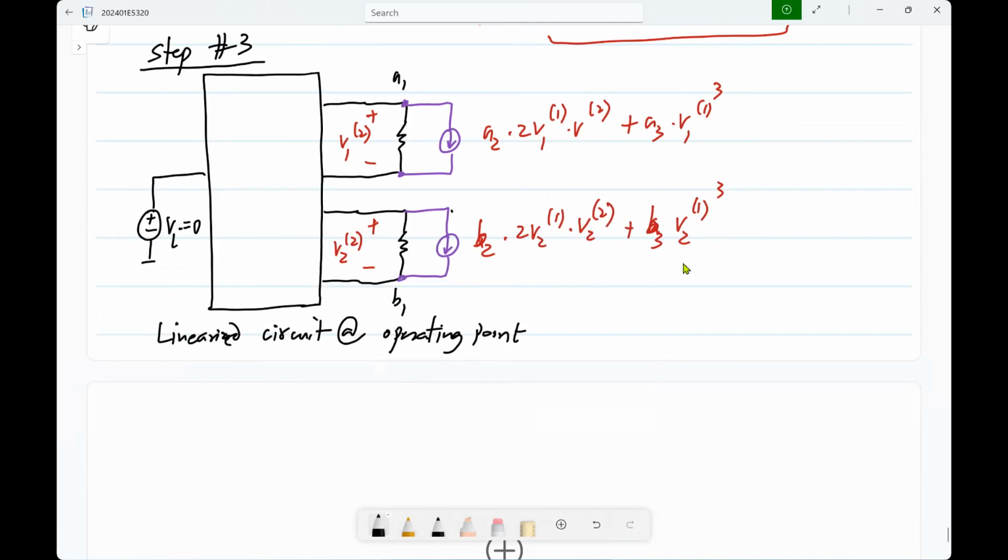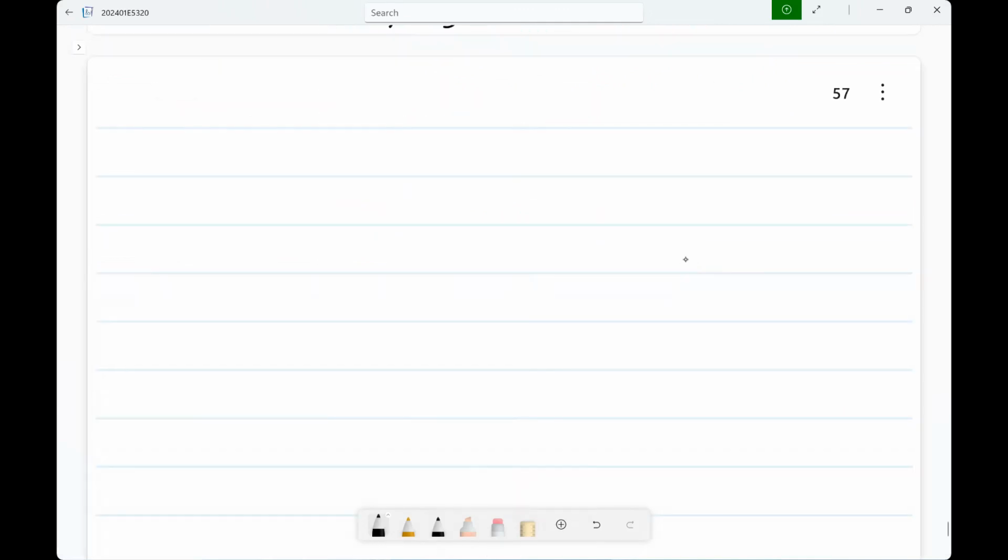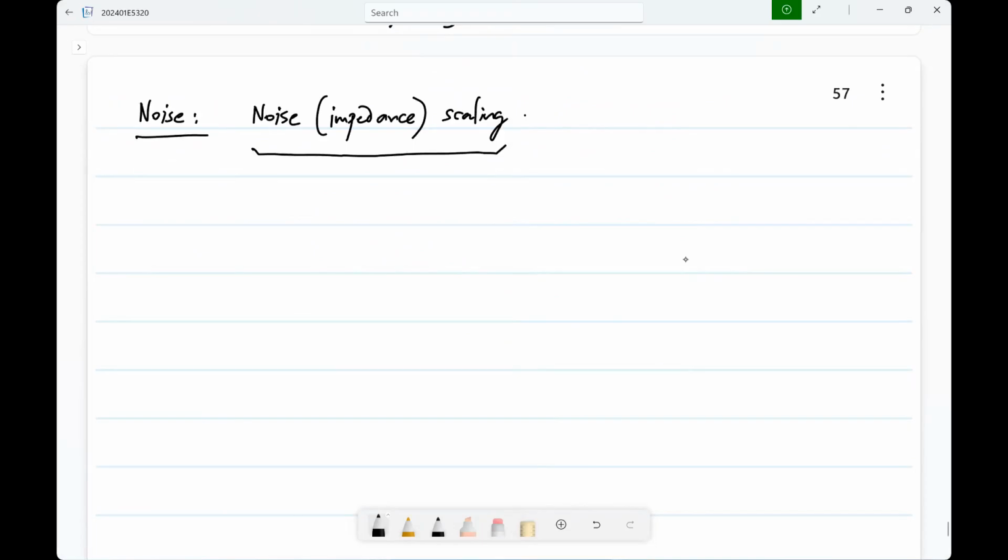So just a miscellaneous point, which I did not mention earlier, right? So this is about noise. We were discussing this noise scaling or impedance scaling. And this impedance scaling works for both thermal and flicker noise.